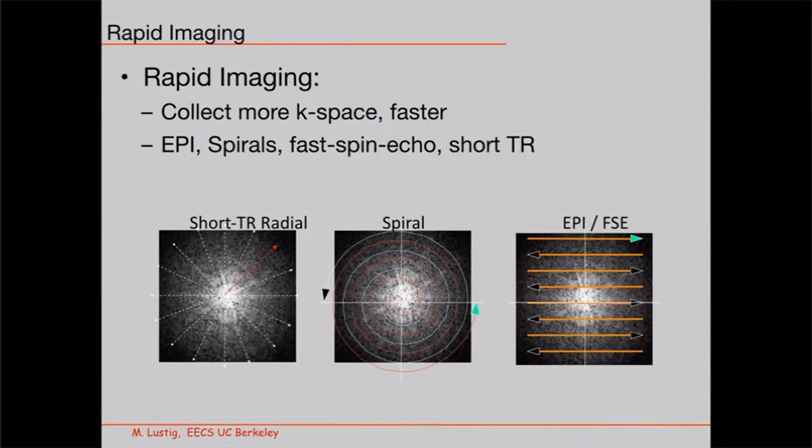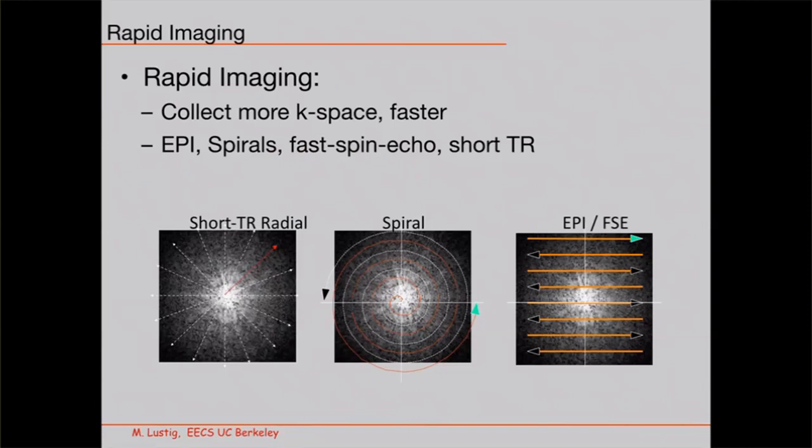For example, EPI is one of them, echo-planar imaging, which is a Cartesian trajectory that goes back and forth. Spirals, single-shot spiral or even multi-shot spiral, are also much more efficient in collecting samples. You can also use fast spin echo, so multiple refocusing pulses that use the magnetization you've already excited and refocus it so you can collect more lines.